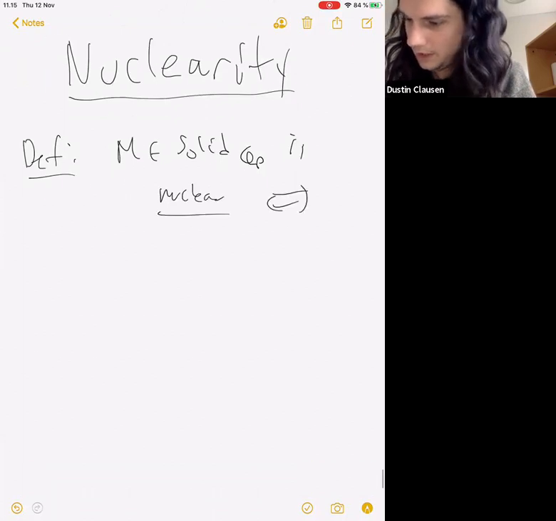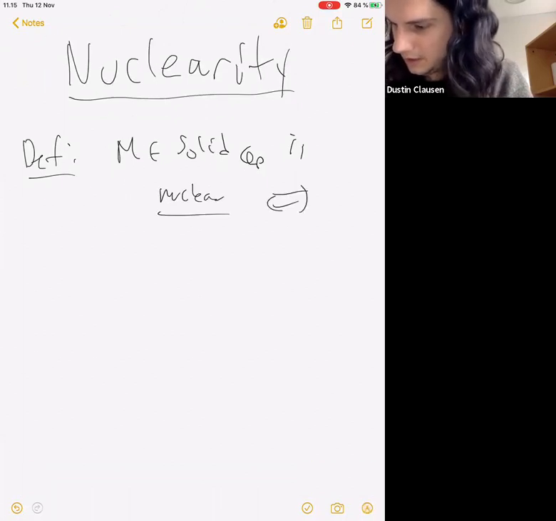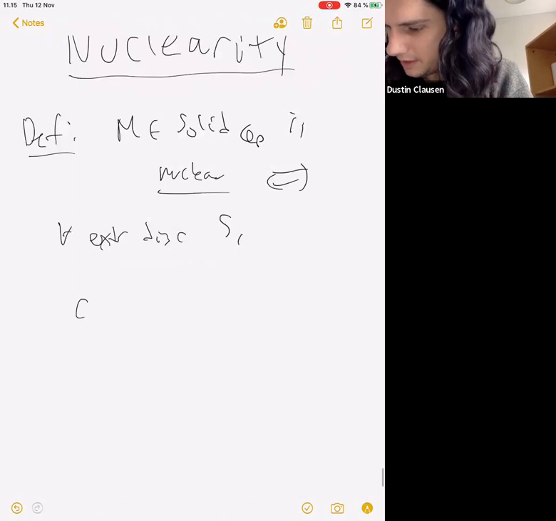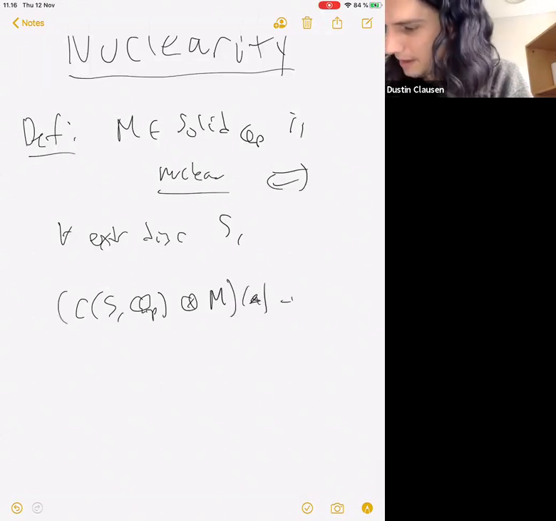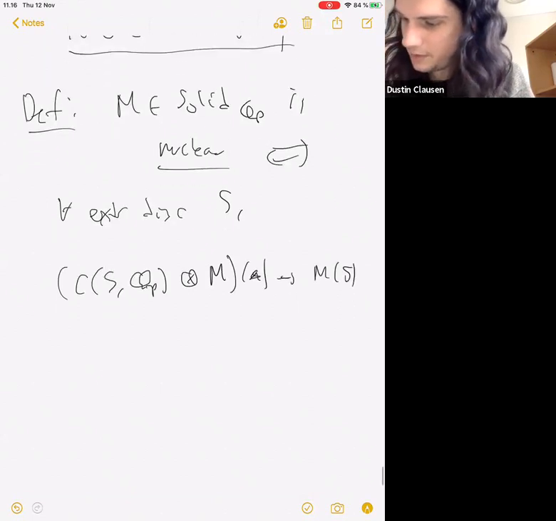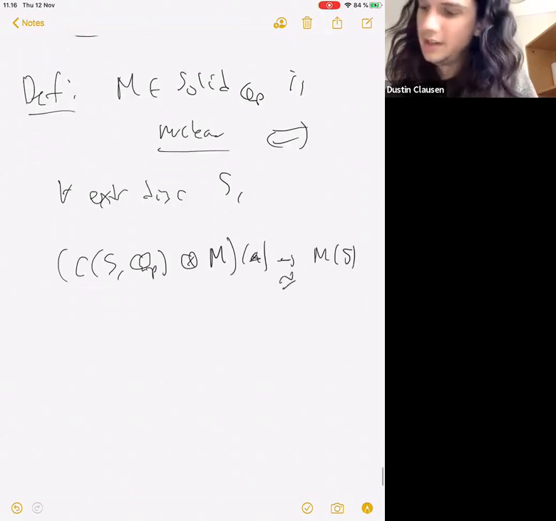This means that for all extremely disconnected S, if you take continuous functions on S with values in Q_p and tensor it with M and evaluate it at the base point, then this mapping to sections of M over S is an isomorphism.